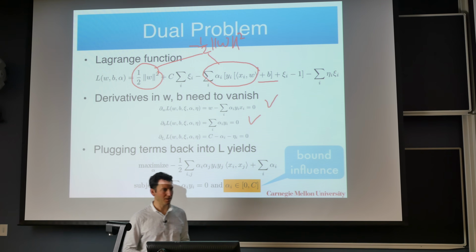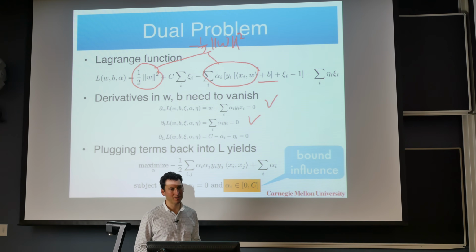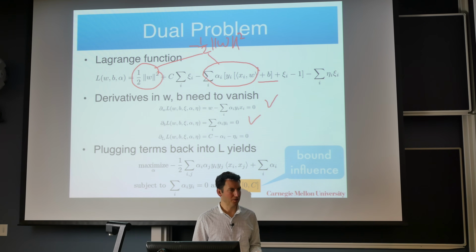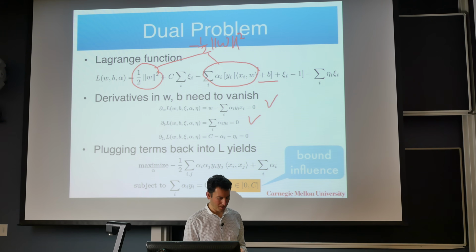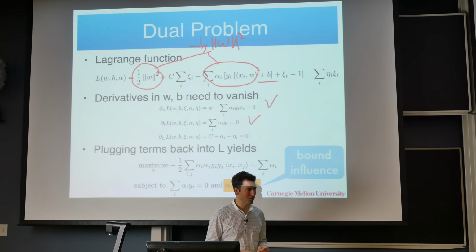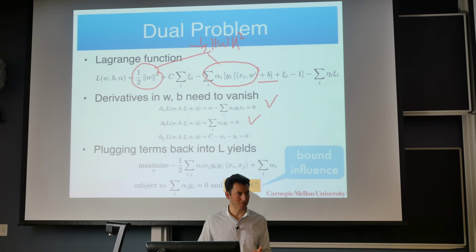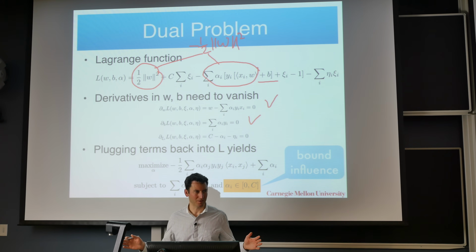So a large value of C means I'm penalizing the slacks a lot, which means I'm going to get a solution that is very close to the hard constraint problem. If I make C very, very small, it'll encourage the solver to maybe not respect the margins very much, and so I'll get a solution that possibly has a lot of margin errors and possibly lots of errors. But it will also have a large margin, except that it's not a large margin for a lot of points anymore.